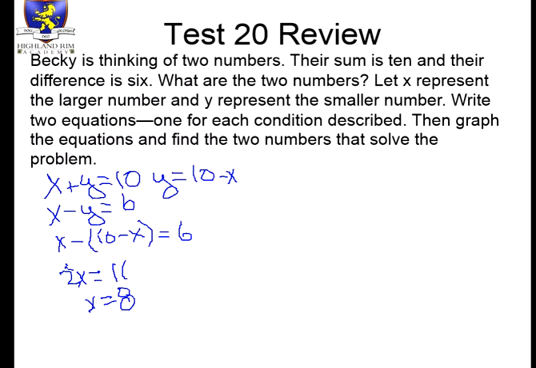So after we do that, we will put that back into our original equation where we have x plus y equals 10. But in this case, we said 8 is what x is equal to. So we have 8 plus y equals 10.